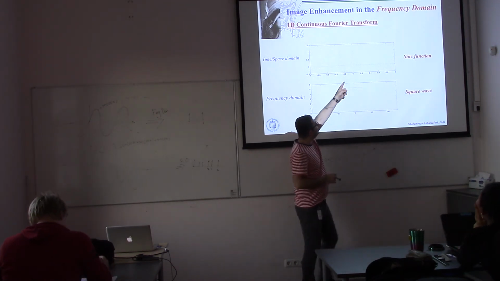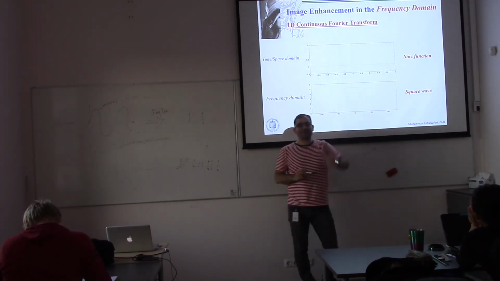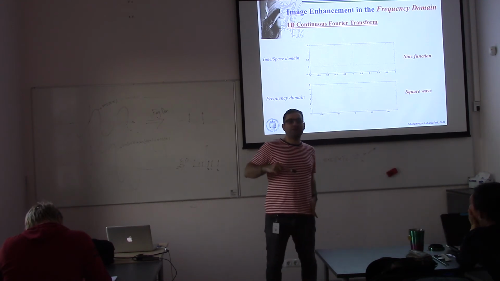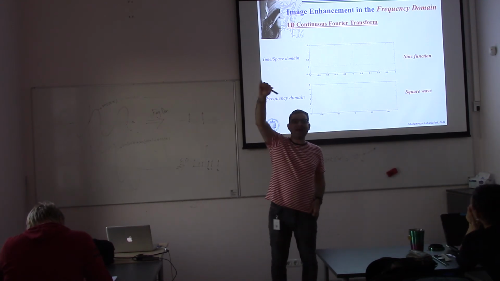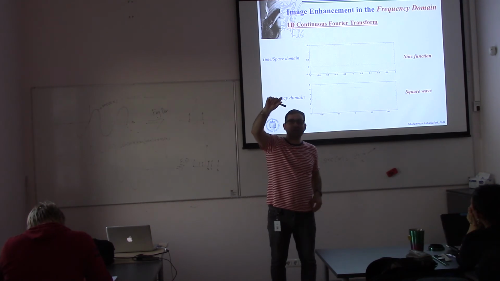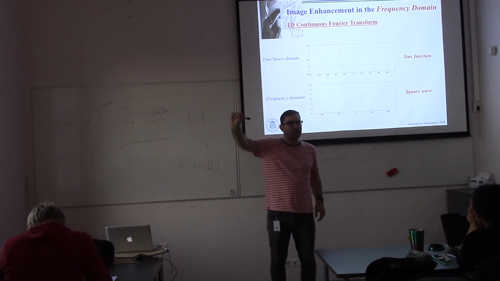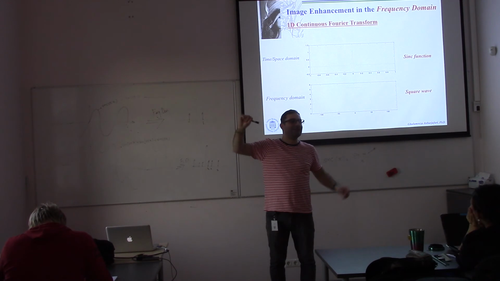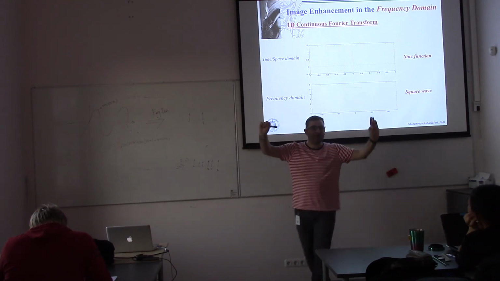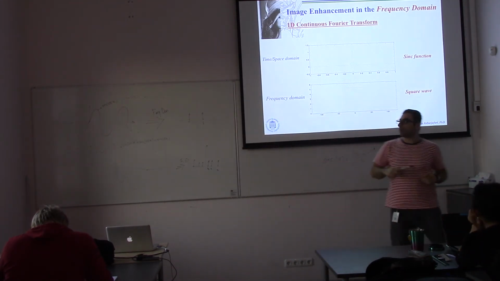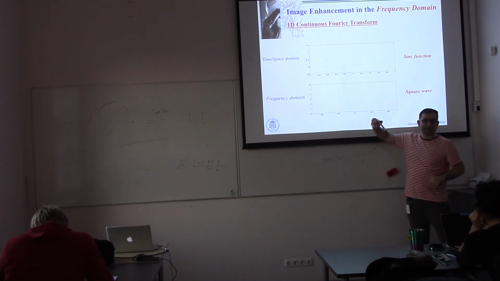Now, these wrinkles are called the wings of the sinc function. As you can see, the magnitudes start to decline very quickly, and theoretically, at plus or minus infinity, the magnitude is already 0.